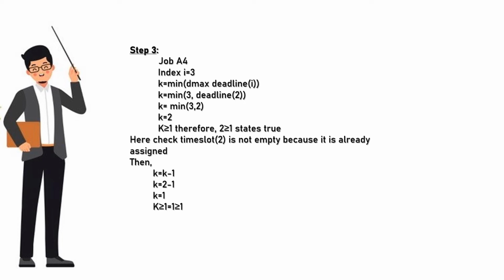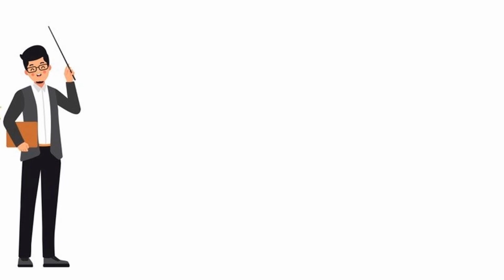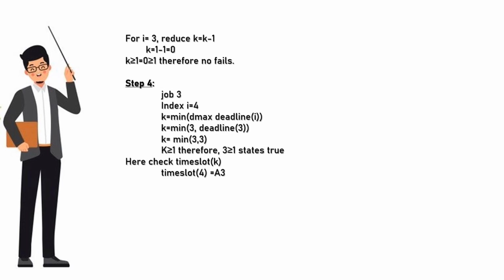K greater than or equal to 1 is 1 greater than or equal to 1. Check if time slot K, time slot 1, is already filled. Next, for I equals 3, reduce K equals K minus 1, K equals 1 minus 1 equals 0. K greater than or equal to 1 is 0 greater than or equal to 1, therefore it fails. So we will move to the next job.